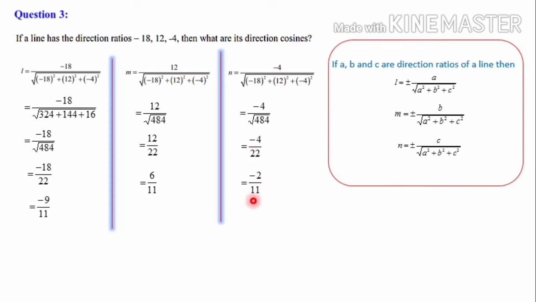If you cancel 2, minus 2 comes in the numerator and 11 in the denominator, so minus 2 by 11. So the direction cosines we have got are minus 9 by 11, 6 by 11 and minus 2 by 11. Final answer: the direction cosines are minus 9 by 11, 6 by 11 and minus 2 by 11.